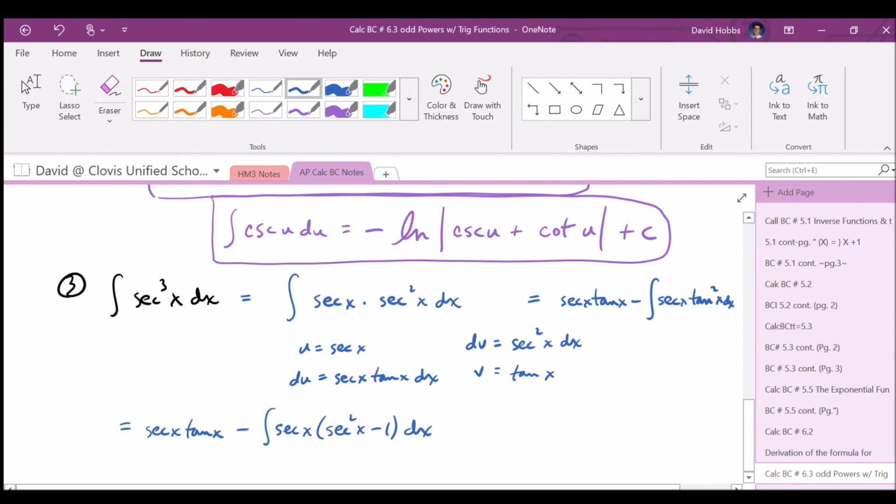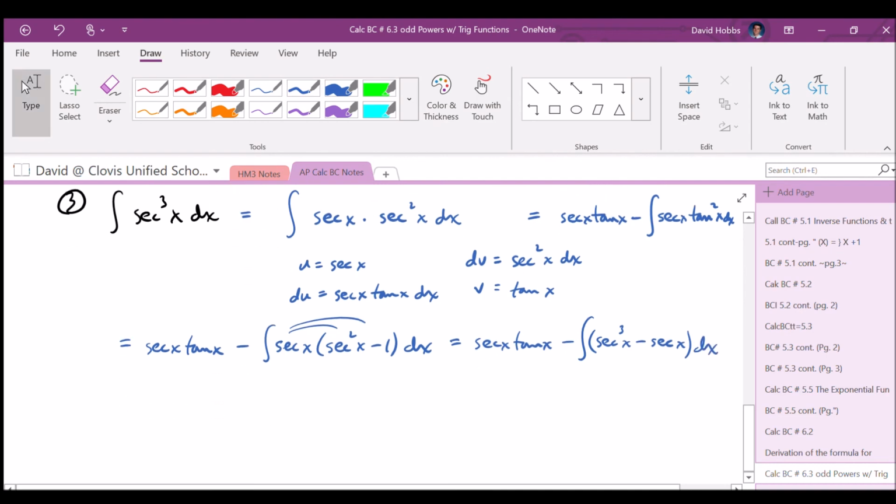Now if I distribute the secant x, we get secant x tangent x minus the integral of secant cubed x minus secant x dx. And I know you guys are thinking, it seems like we're not making very good progress here.